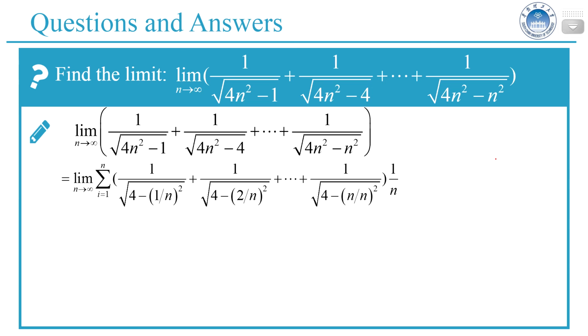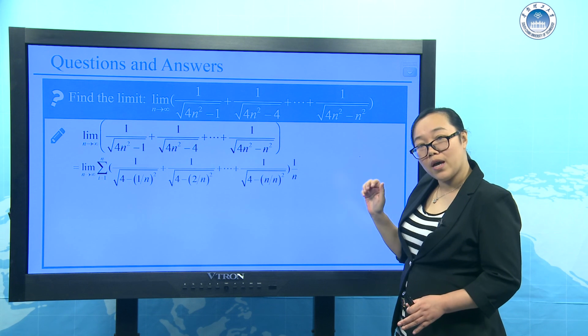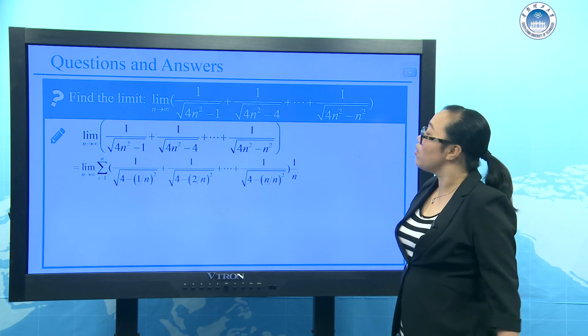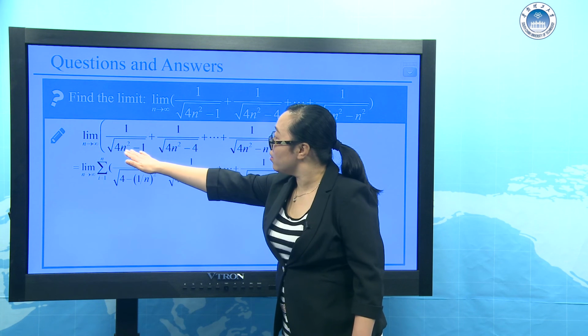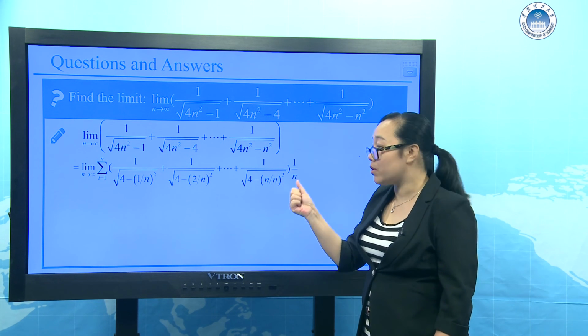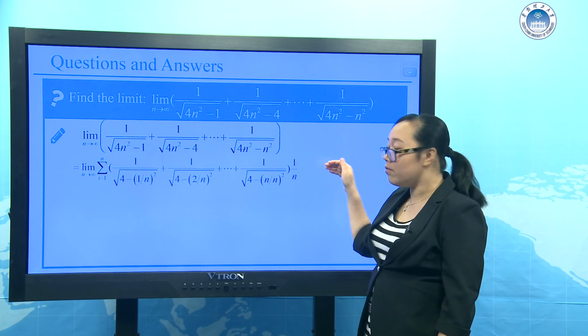With a similar idea, if you write it as 0 plus 0 plus 0, it's wrong. Using the idea of the definite integral means the limit idea. So we can write it taking n out. Square root means taking n squared out. Square root of n squared means n, so 1 over n.